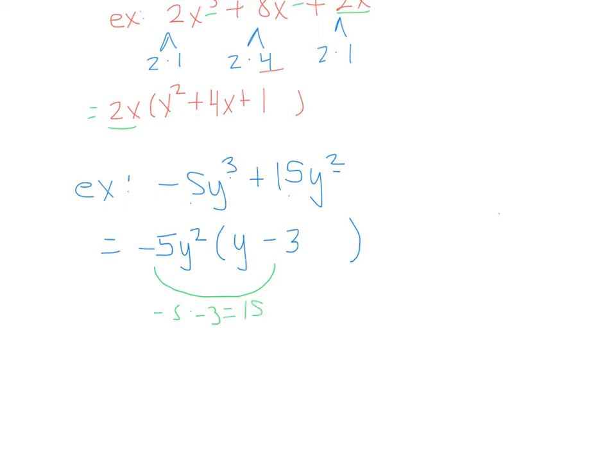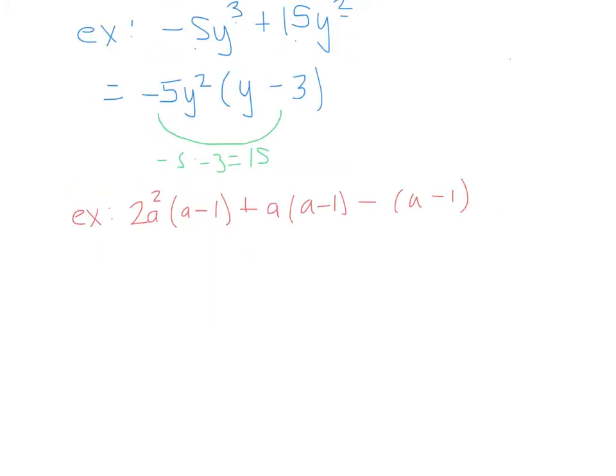So if we take a negative out of a positive number, we're going to be left with a negative. And if we take out the y squared from 15y squared, we're going to be left with a 1. So that just stays as -3. All right, so let's get rid of that parenthesis that's way out there and put it closer. Okay, so that's our final factored form of that polynomial.